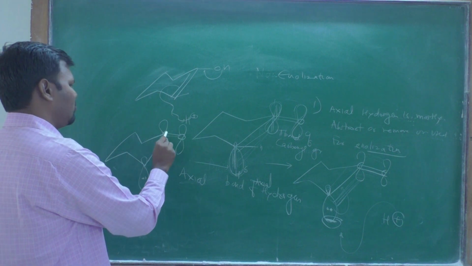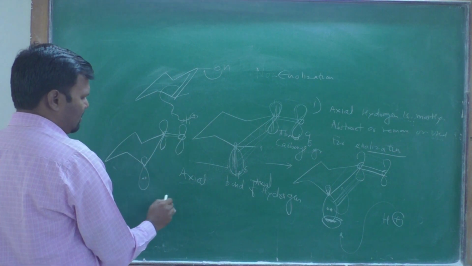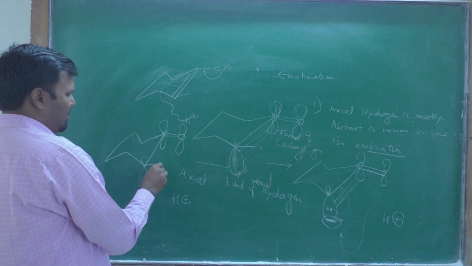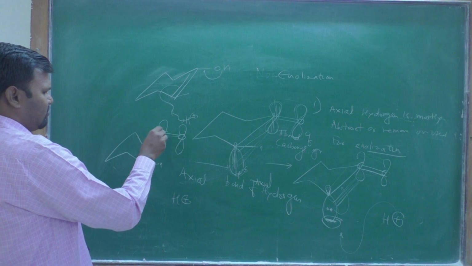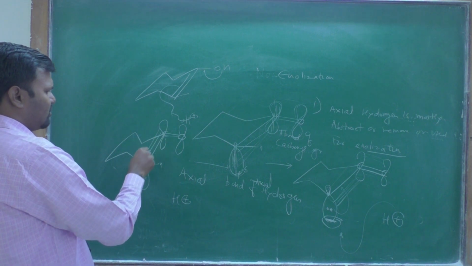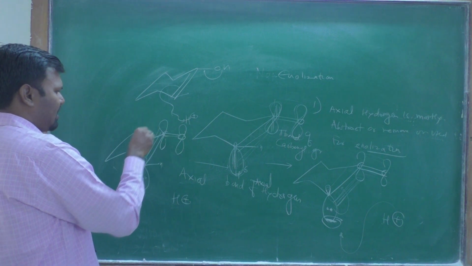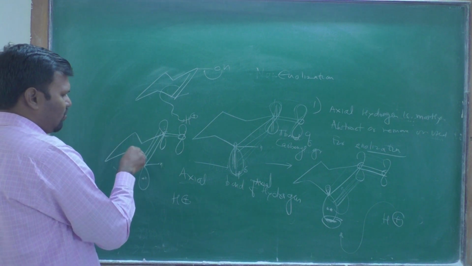The C=O double bond, the pi bond is there, and if you add the hydrogen, then the axial negative charge orbital and the pi orbitals are parallel and can easily overlap.